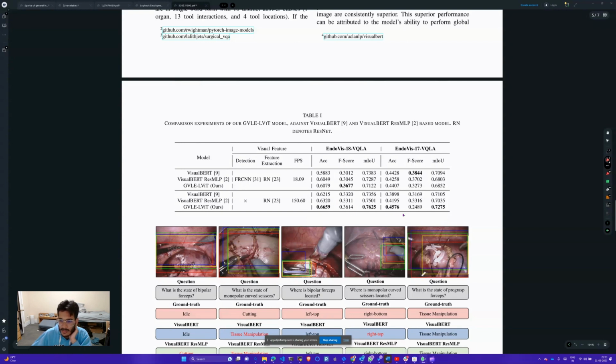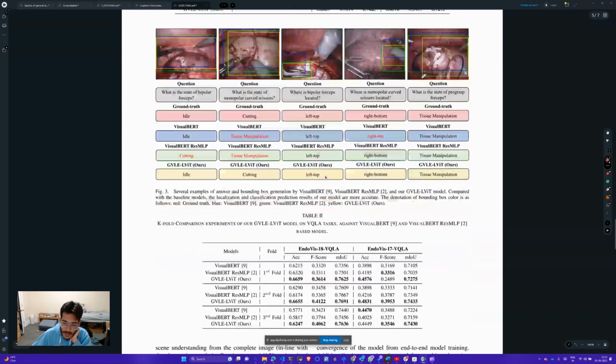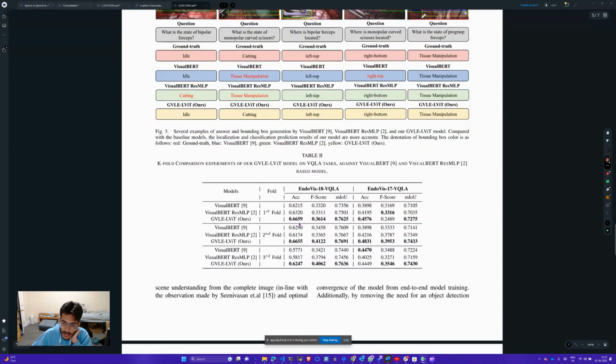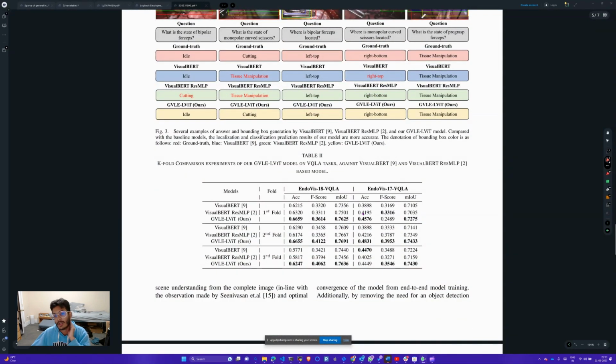This here, again, it's all right, but it's not too big of an improvement. But I think overall we can see that GLB consistently outperforms. This is, I think, the VQLA K4 comparison.